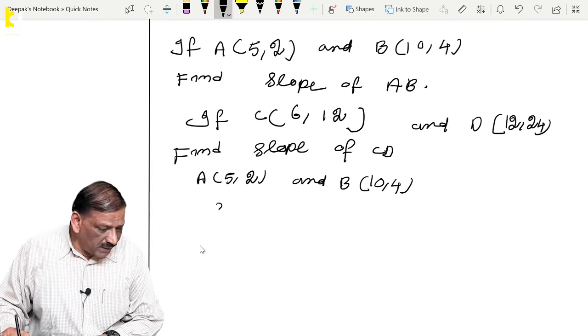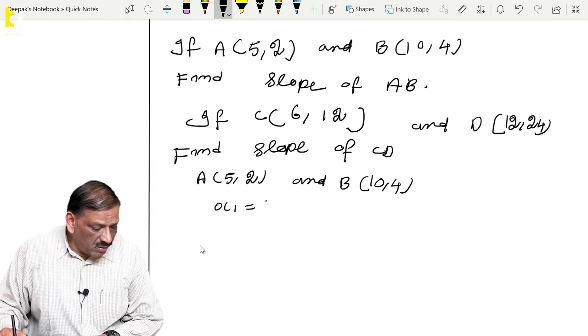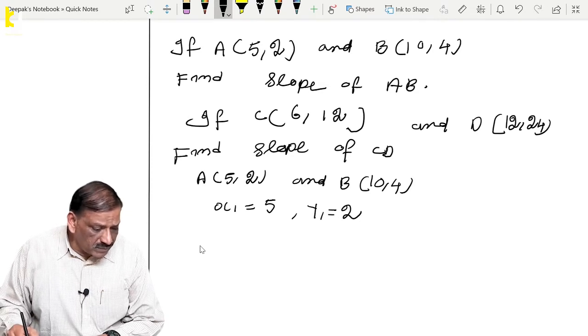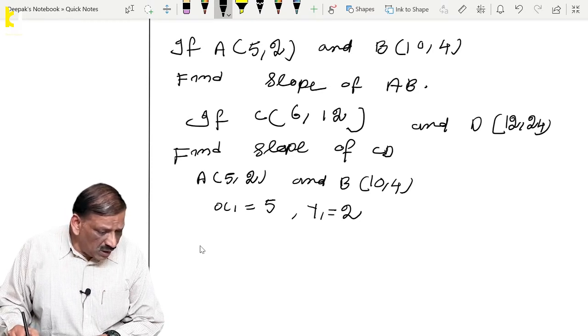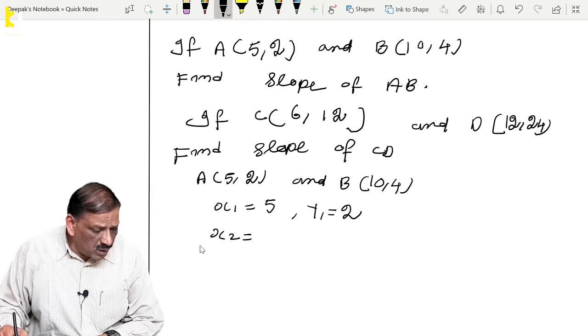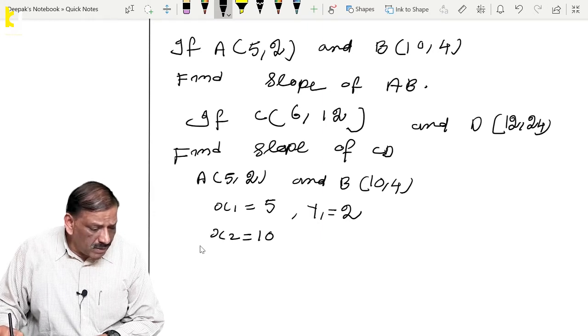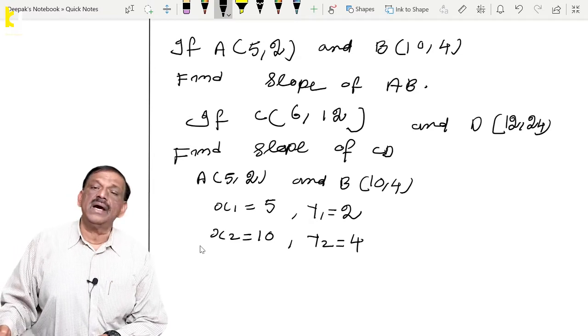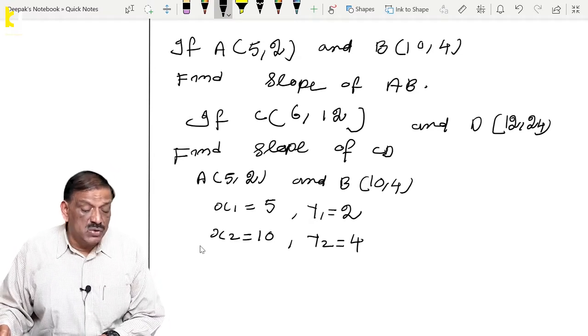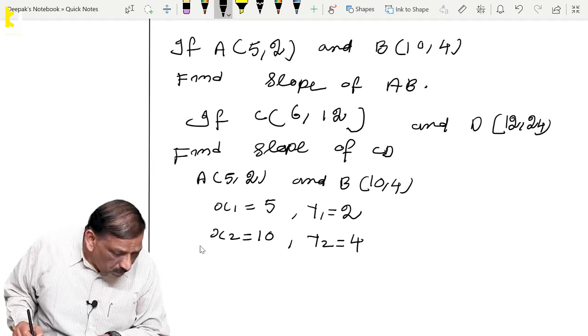Here x1 equals 5, y1 equals 2, x2 equals 10, and y2 equals 4. Clear? x1, y1 is given, x2, y2 is also given. We can find out the slope.